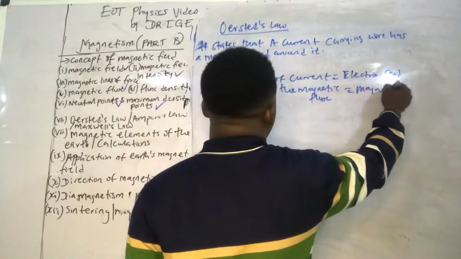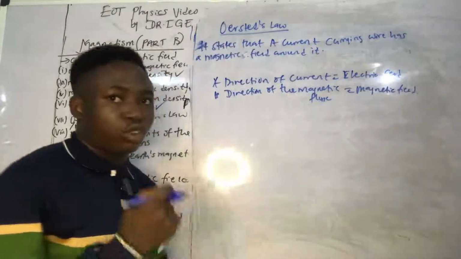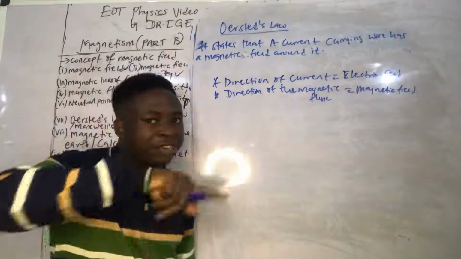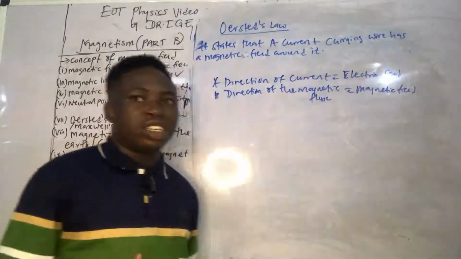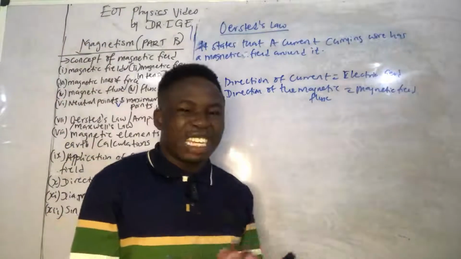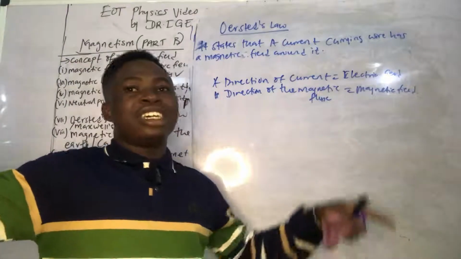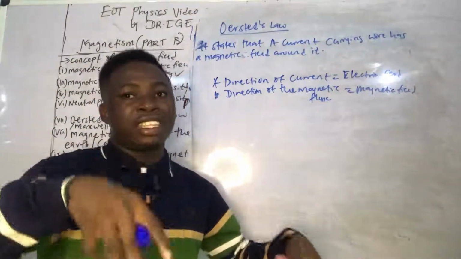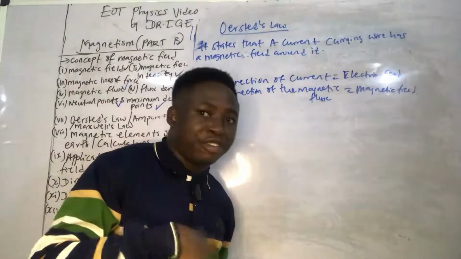The magnetic field. I hope you get this. So if a wire is carrying current, there is also a magnetic field around it. That's because when electricity is flowing, magnetism is also involved, and the earth's magnetic field is induced as an external magnetic force on the current carrying wire, thereby making it also have a magnetic field around it. Do you understand?